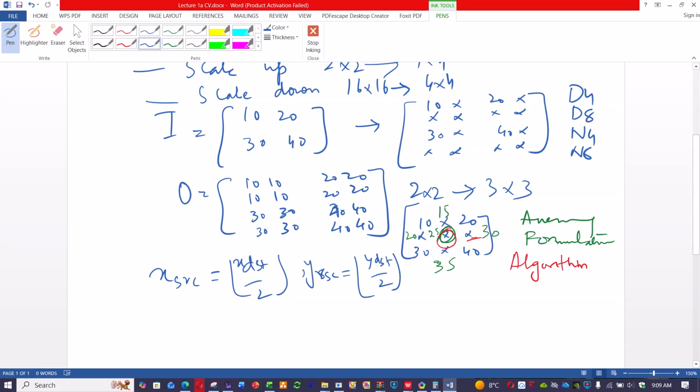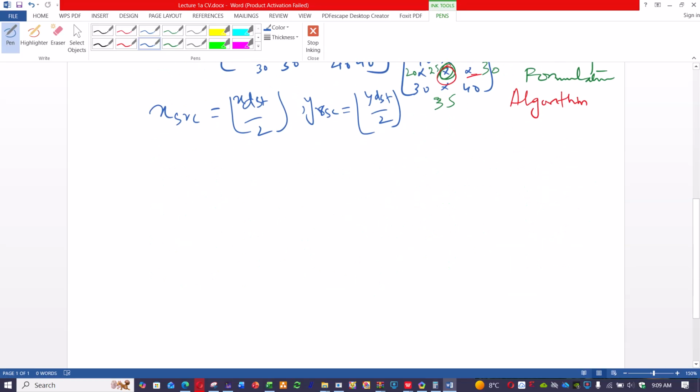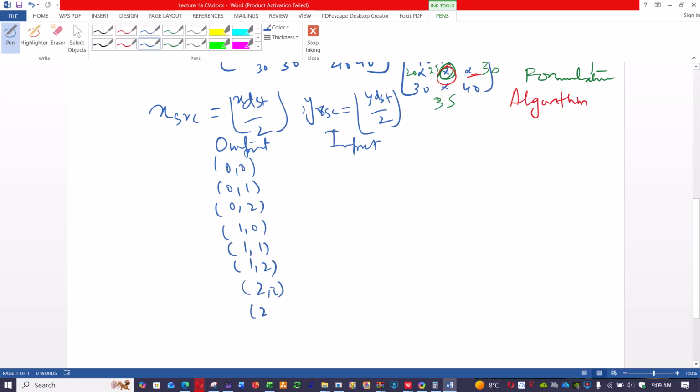If we are using this manipulation for 3 by 3, these are basically our output pixels, and here we would be having the input pixels: 0 0, 0 1, 0 2, 1 0, 1 1, 1 2, 2 0, 2 1, 2 2.